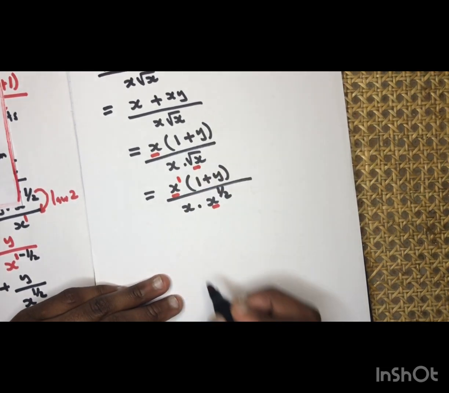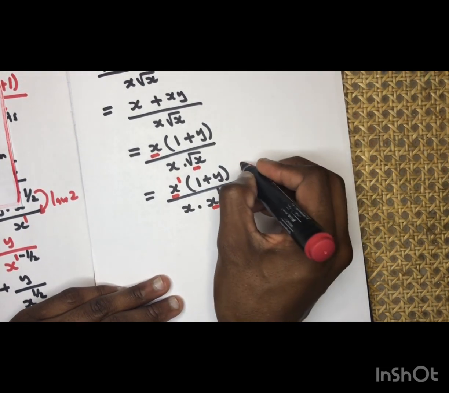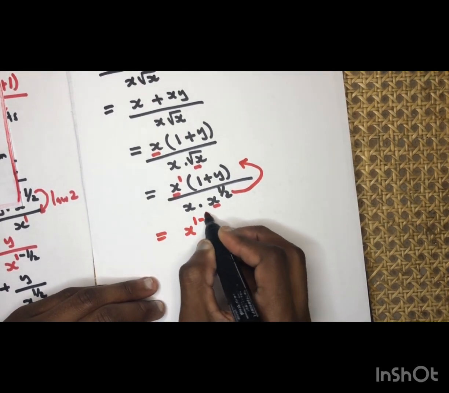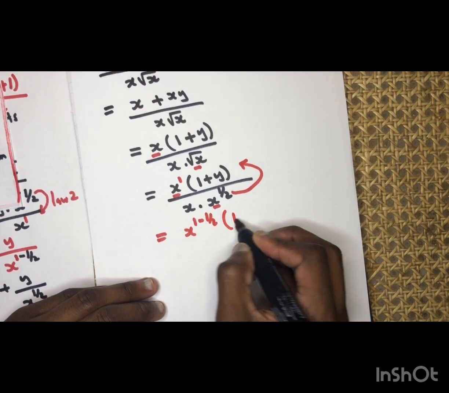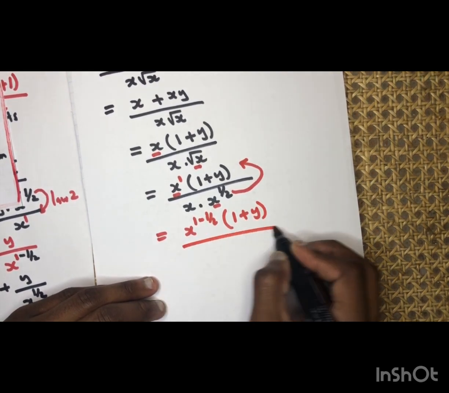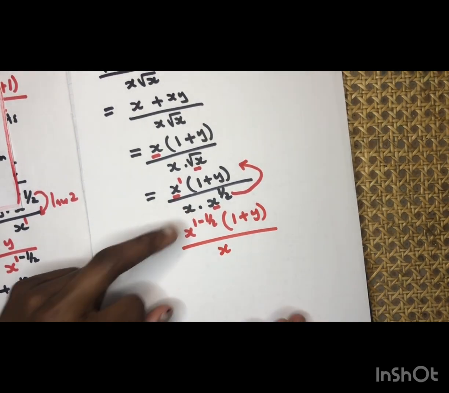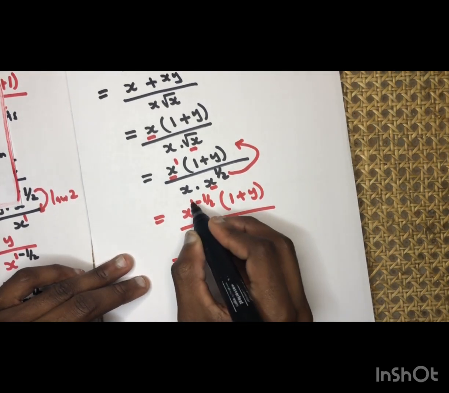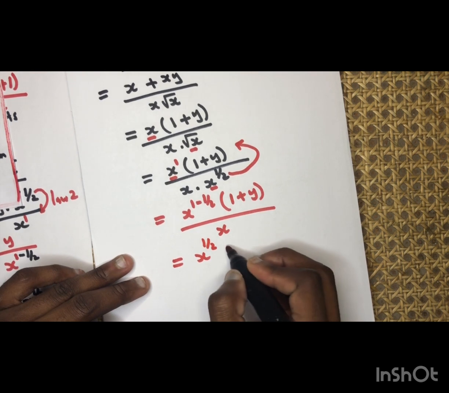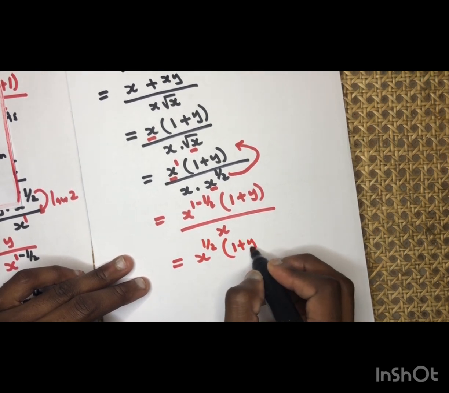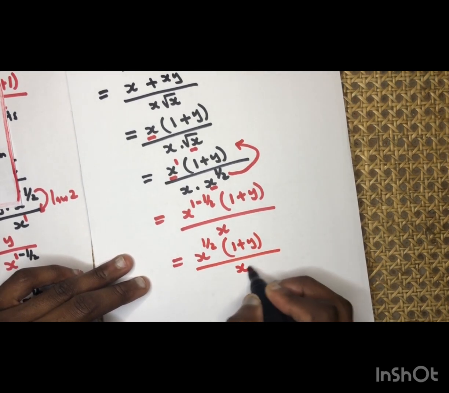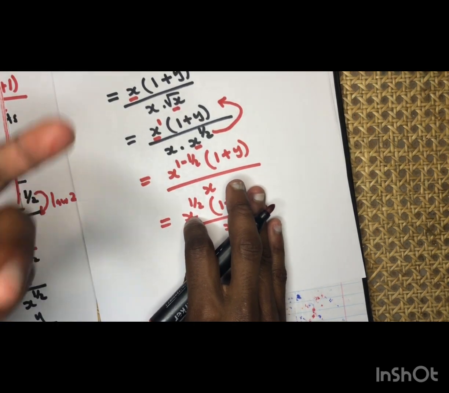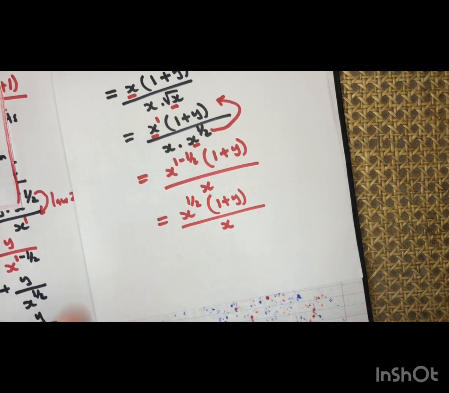So we have the power 1 here, so this half must go up. So now I'm going to have x to 1 minus half into 1 plus y over this x. Understand? So can you see that, guys? 1 minus half will give us half into 1 plus y over x. We know that, guys, anything to the power half is the same as square root of that something.